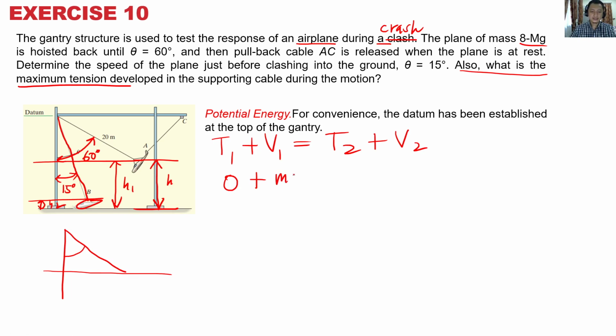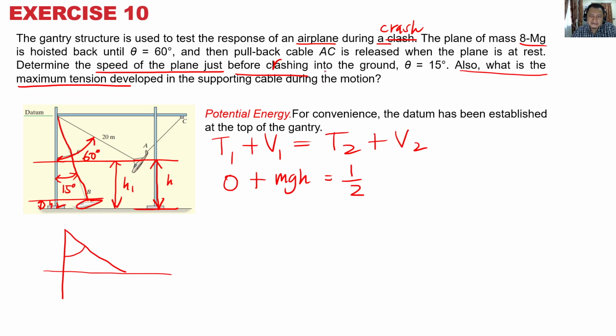So there is mgh, and kinetic energy. Everything is converted into kinetic energy. So half. Determine the speed of the plane just before crashing.